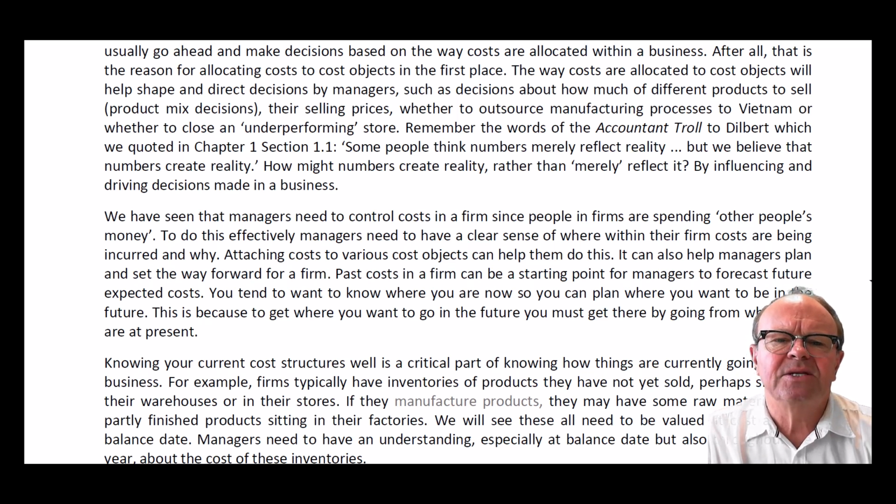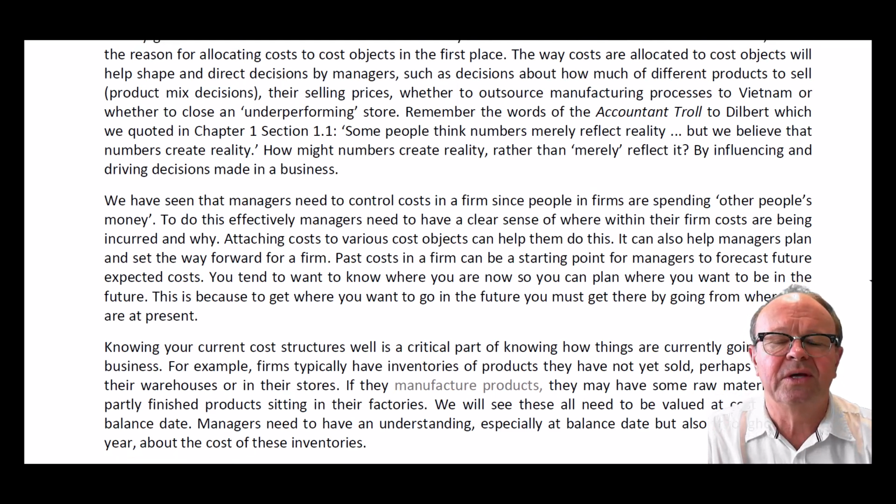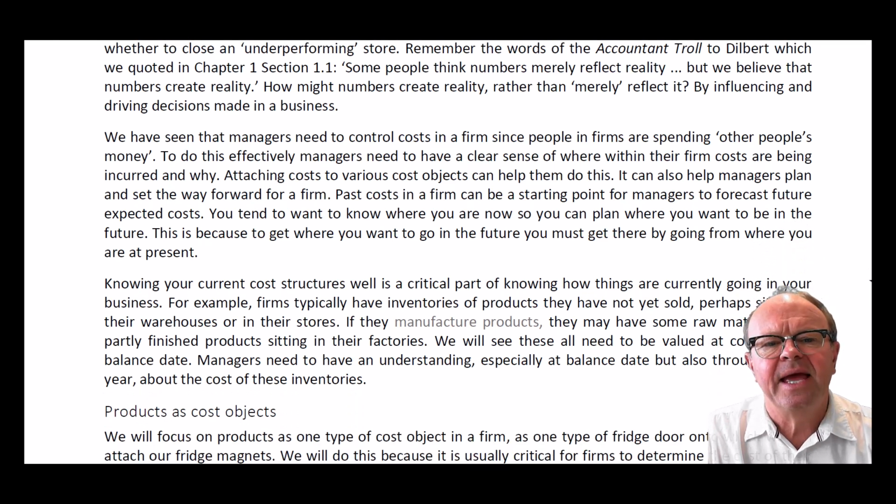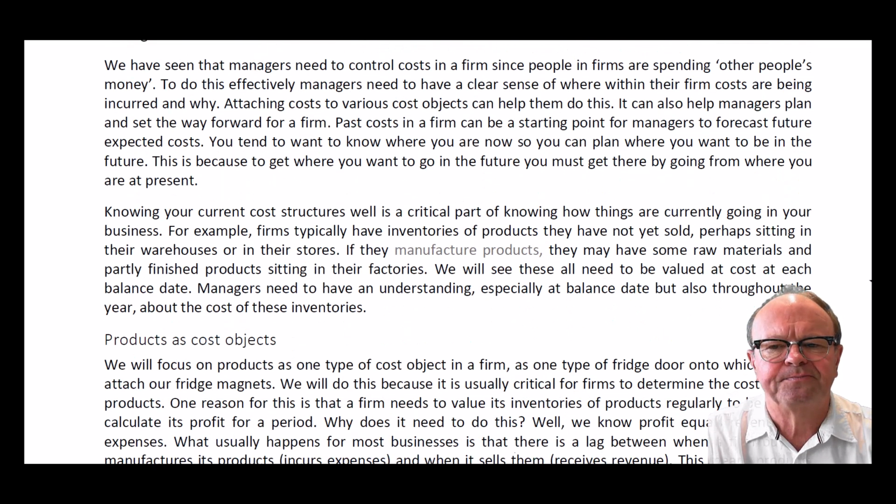We've seen that managers need to control costs in a firm, since people in firms are spending other people's money. To do this effectively, managers need to have a clear sense of where within their firm costs are being incurred and why. Attaching costs to various cost objects can help them do this.